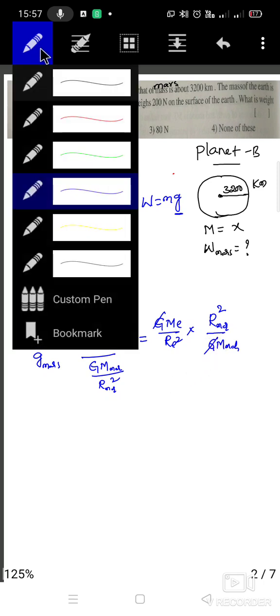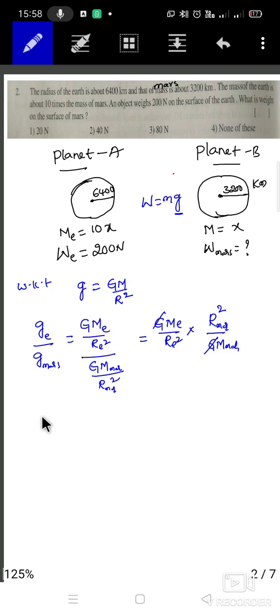So the next step: gE by g Mars is equal to ME, the mass of the earth, which is 10x, by RE, the radius of the earth, 6400. And R Mars is 3200.